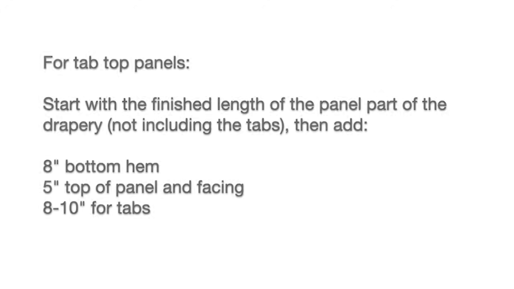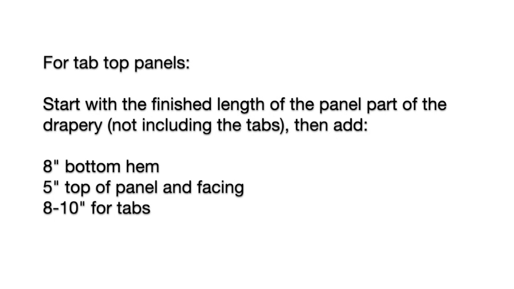Right when I thought I was done with the math, I just remembered tab top panels are a little bit unique in the way that you figure the yardage for those. So take the finished length that we determined you'll need for your drapery. You're going to add about 8 inches for your bottom hem.